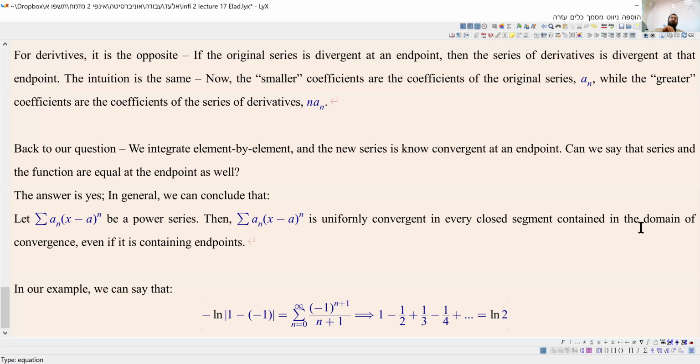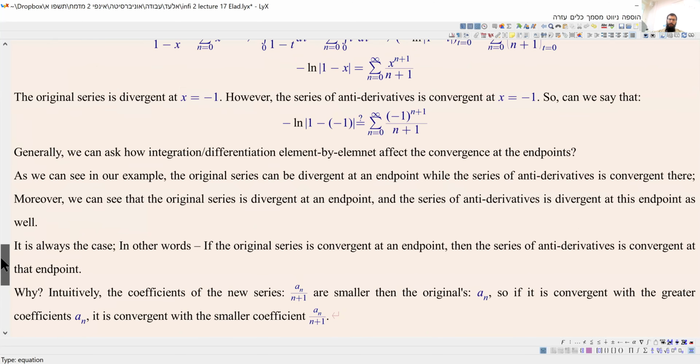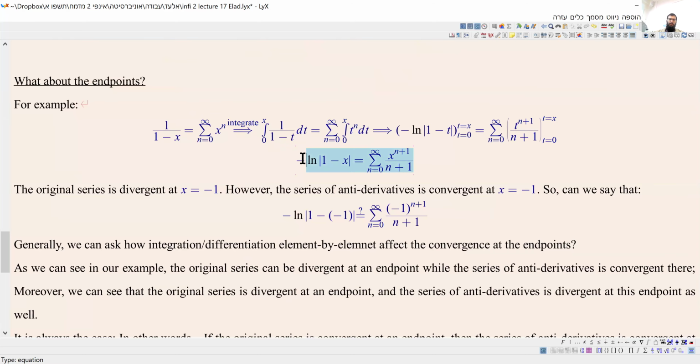Is there any way to give another example, a different example of the thing that we discussed? Yeah, I mean, we're running out of time, but if you integrate this equation one more time, which is not trivial because the integral of ln requires integration by parts, the new series is going to be convergent at 1 as well, because you're going to have n+1 and n+2 in the denominator.